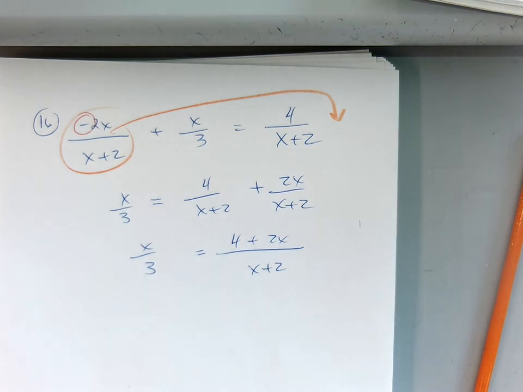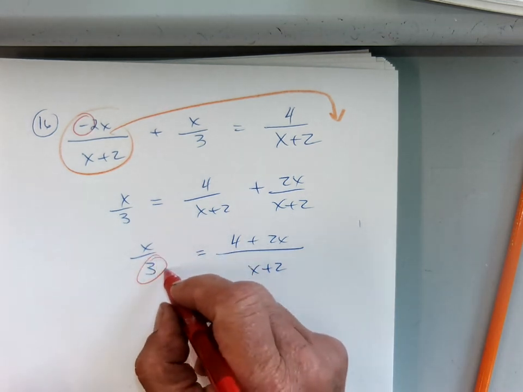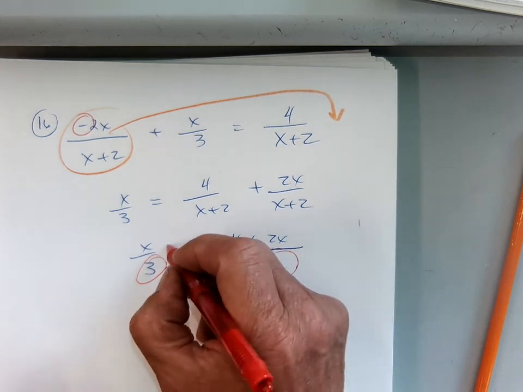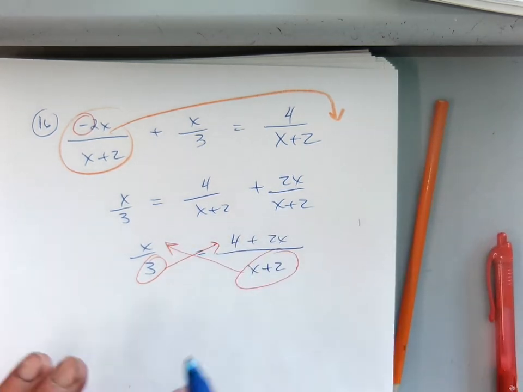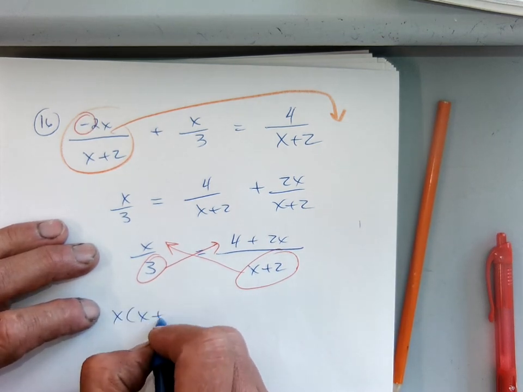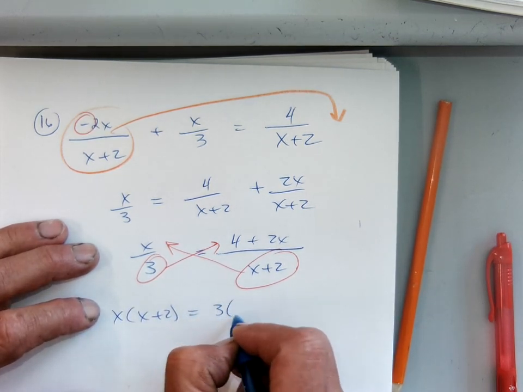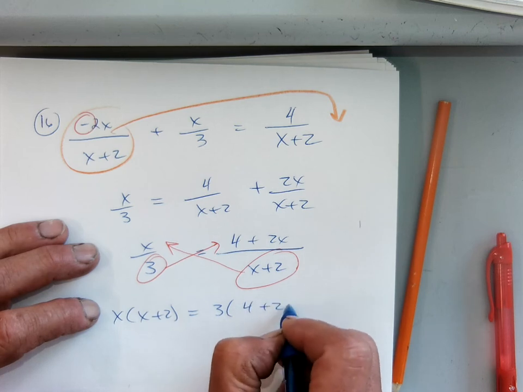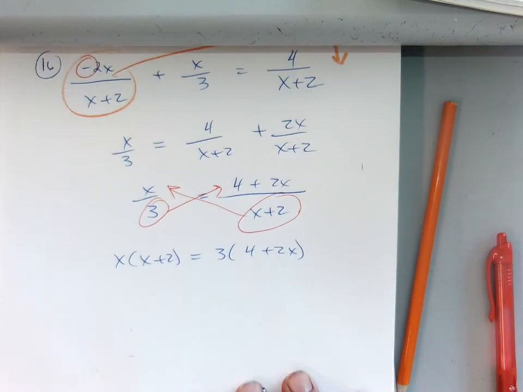And now, because I have a fraction equal to a fraction, I'm going to cross multiply. That times that equals that times that. So I'm going to get an x times an x plus 2 equals a 3 times a 4 plus 2x. If I cross multiply, whoo, it's a hard problem. We can do it.